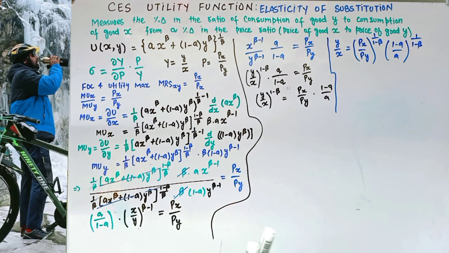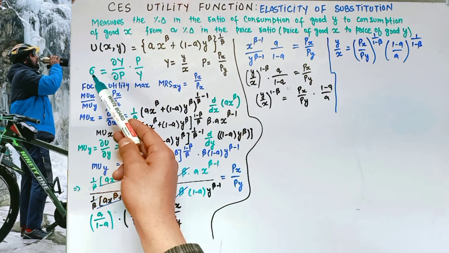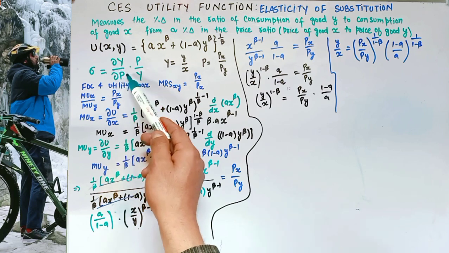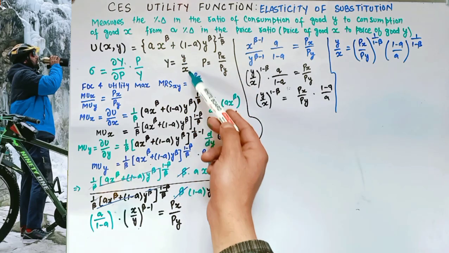Now what we need to do here: as we have told, elasticity of substitution is simply change in y upon change in p times p upon y. So we know that our y is equal to this thing.